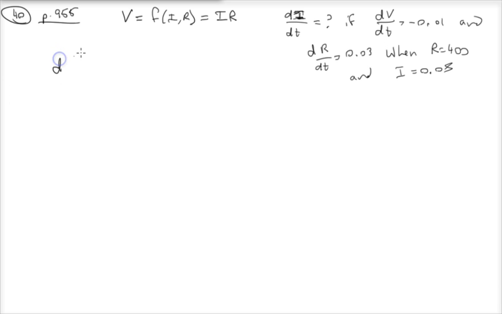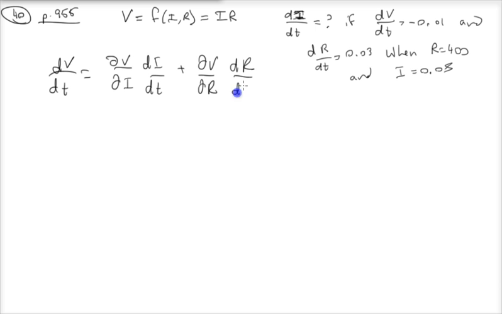Because V is a function of I and R, dV/dt is going to be equal to ∂V/∂I times dI/dt plus ∂V/∂R times dR/dt.